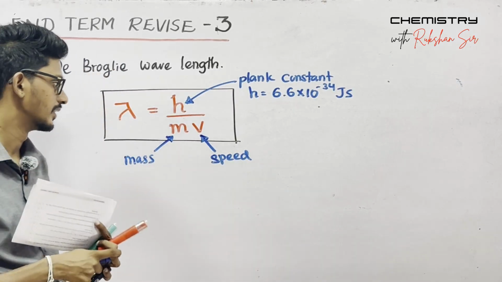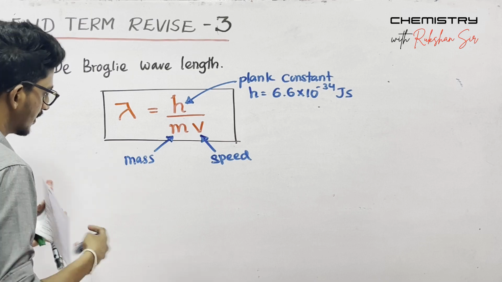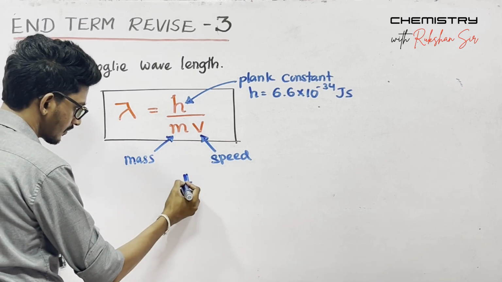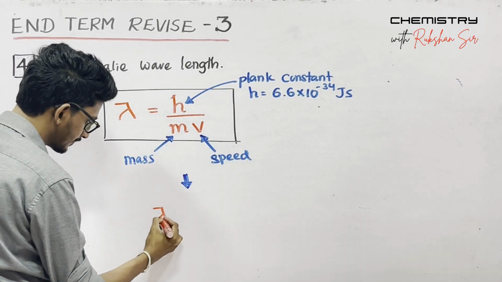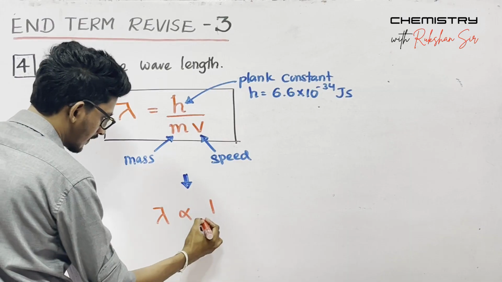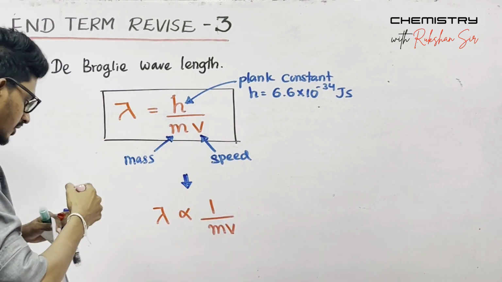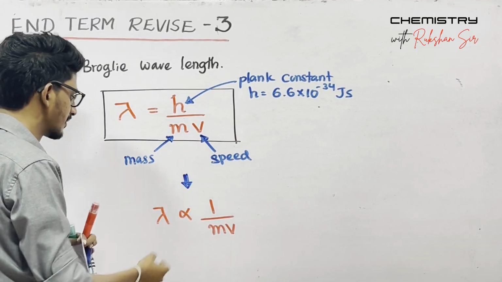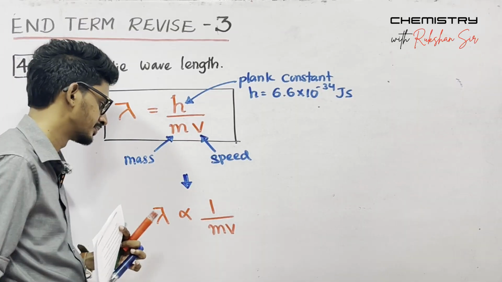So one can simplify this equation as lambda is proportional to 1 over mv. As h is a constant, we can get rid of it with the proportional sign. So this is the de Broglie relationship.